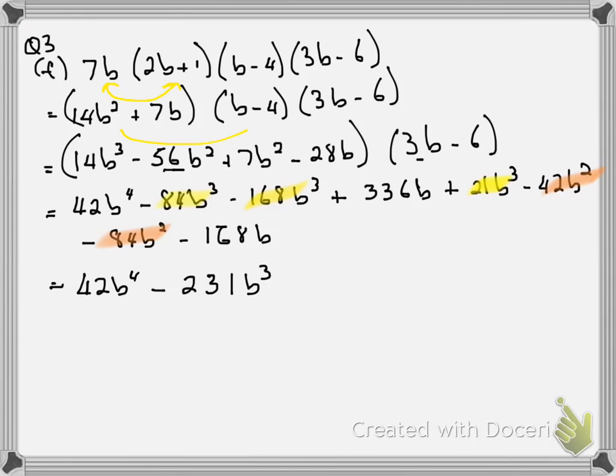For b squared, we've got minus 42 minus 84, that's minus 126b squared, and 336b take 168b gives me minus 168b. There we go. So that should be the final answer for question 3.